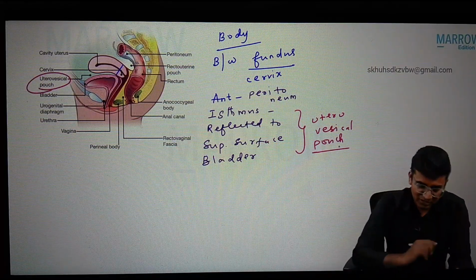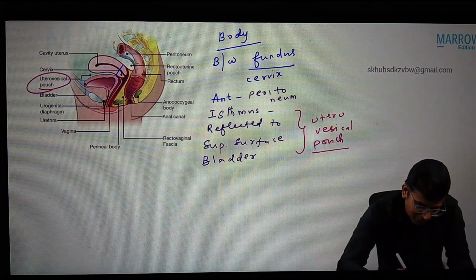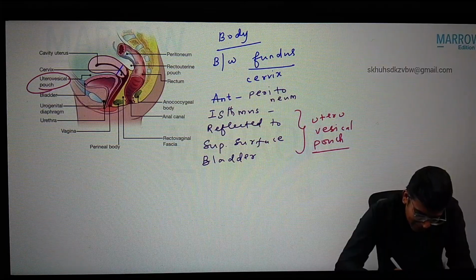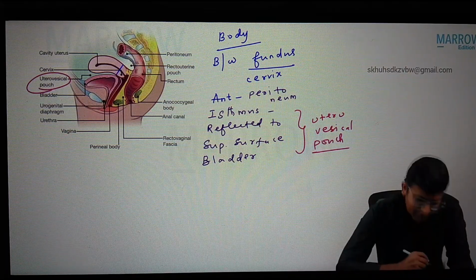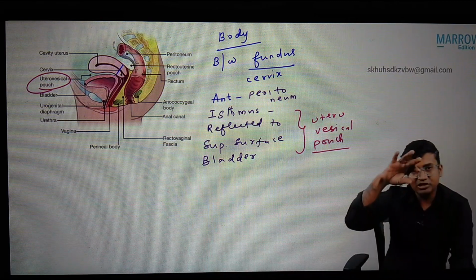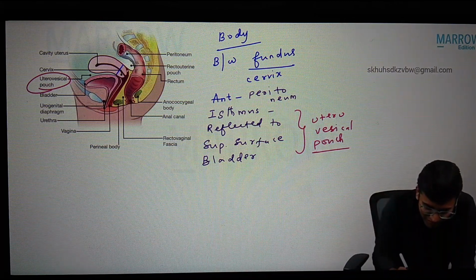But posteriorly, I told you the peritoneum is covering some more parts below. The peritoneum is up to this part. Can you see this part here? I am shading with yellow color. That is the posterior fornix. I am talking about this area, that is the posterior fornix of vagina.